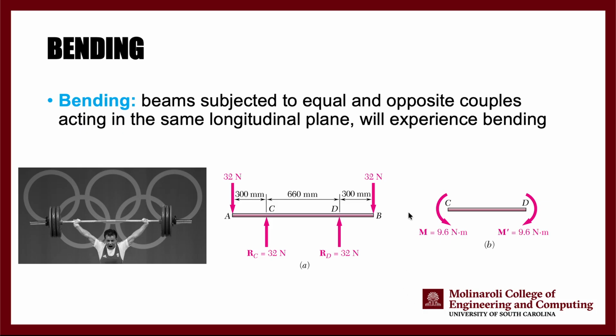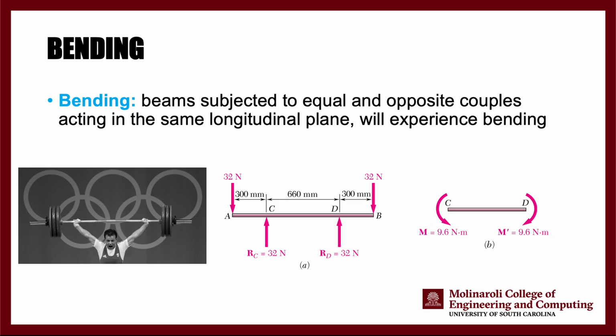We are going to have exactly equal and opposite couples essentially by the weights that are being exerted. Right here is an example directly from the Mechanics of Materials book. We have two opposite couples acting in the same longitudinal plane, and this is going to cause a deflection in the middle. The middle of the bar is going to go up.